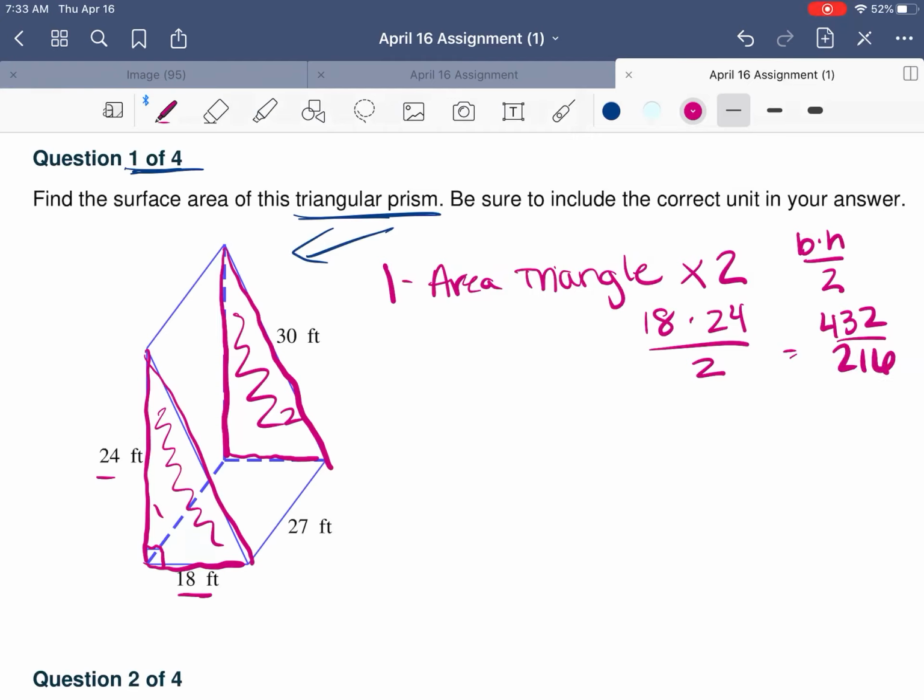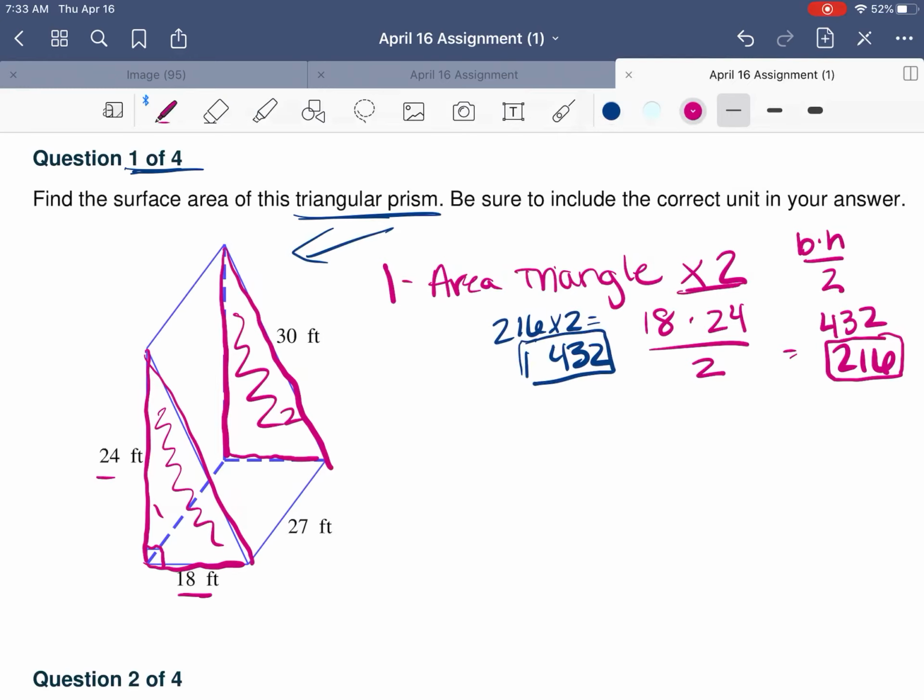So the area for one of the triangles is 216, but remember I need to times it by 2. If we take that 216 and times it by 2, it's 432 on that one. So that's the first step, to find the area of the 2 triangles.